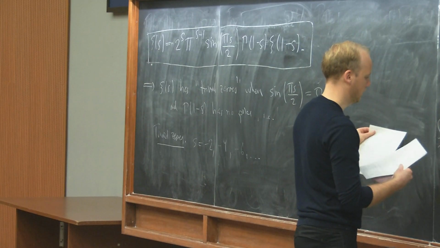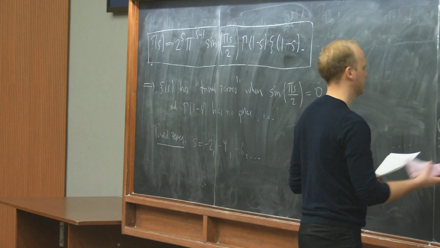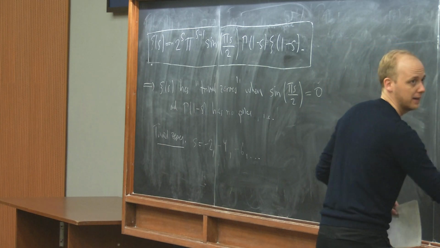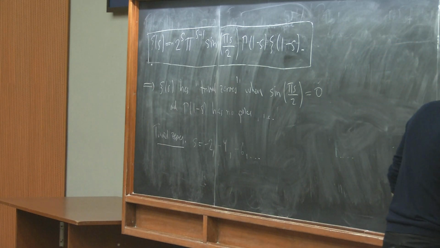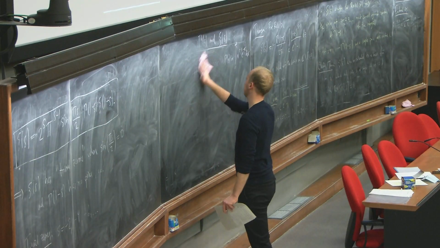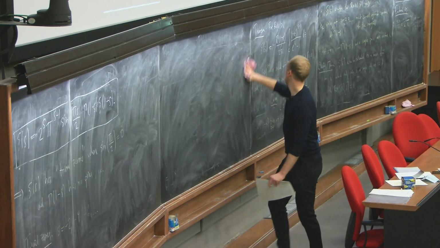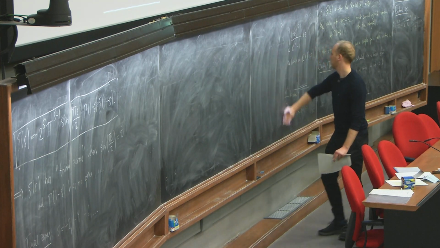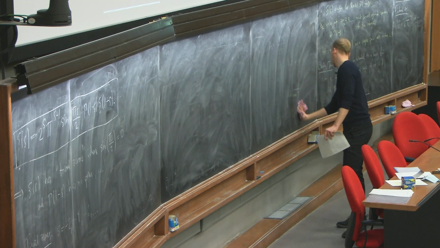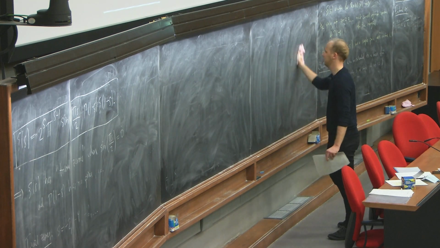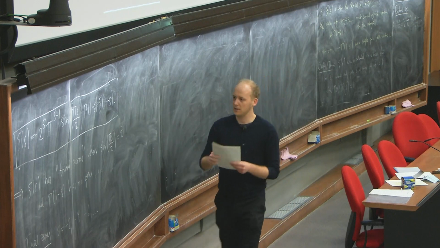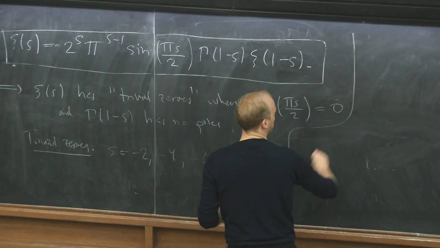And then what I wanted to discuss is its connection with why we really care about this function, which is the connection with number theory. See if I can finish this in the next 5, 10, 7 minutes. So the connection with number theory is the following.